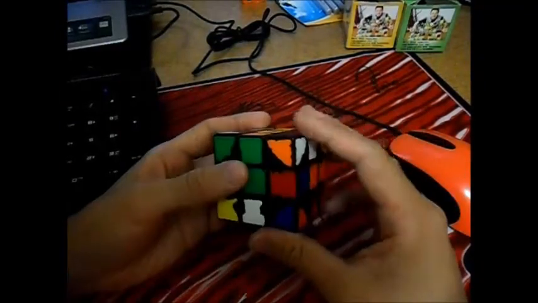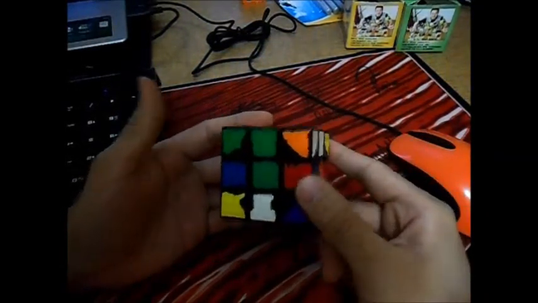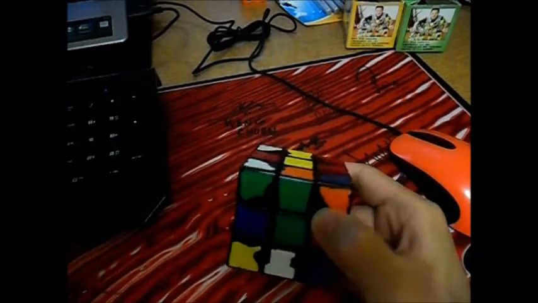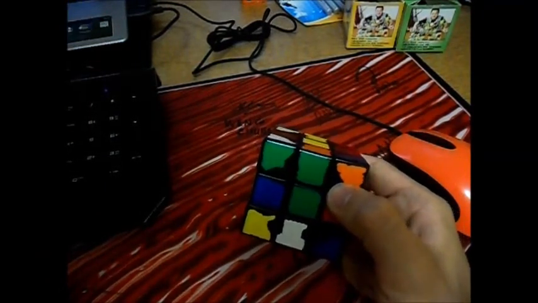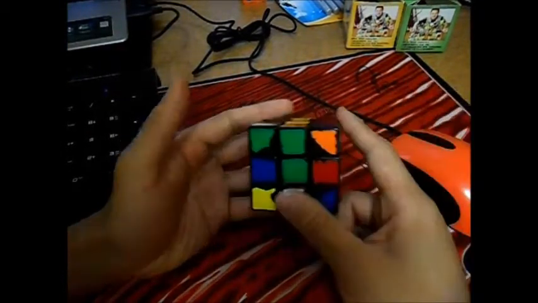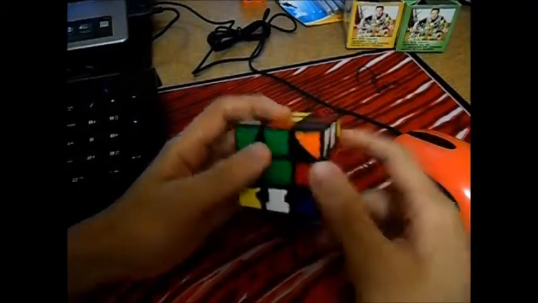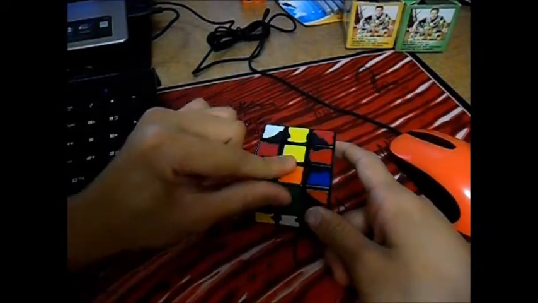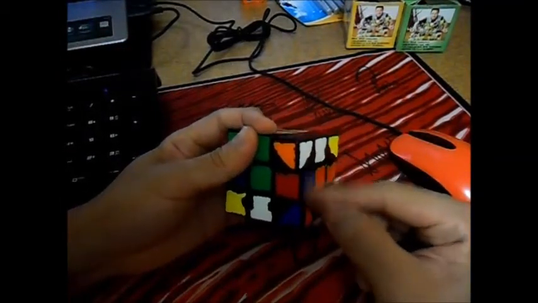Okay, so this is going to take some practice, but after a while, you'll be able to simulate the actual cross turns in your head when you're solving it, so you'll be able to figure out what goes where. The next thing I saw is these two, or these three, but who cares about this for now? I didn't think about this during my inspection either. These two aren't going to move.